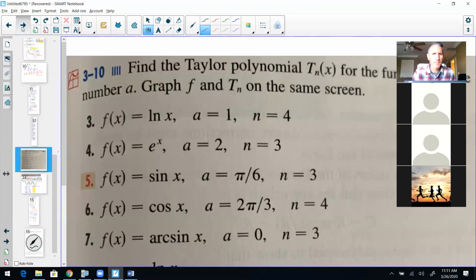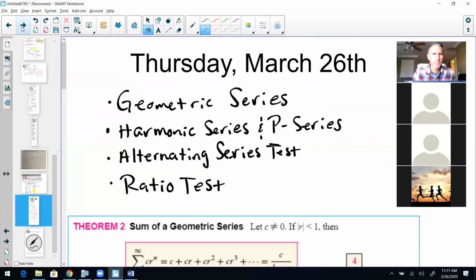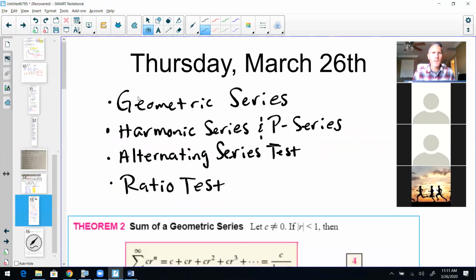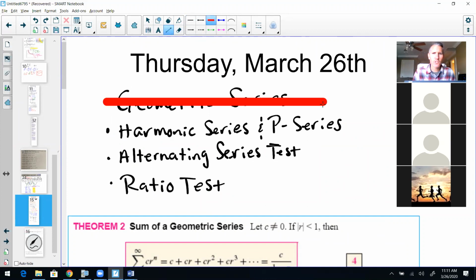Where am I? Okay, so geometric series done. So now we have harmonic series and P series.